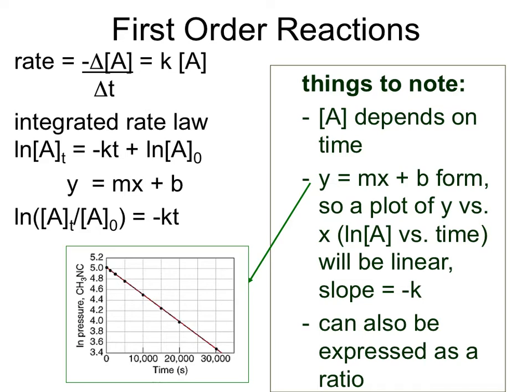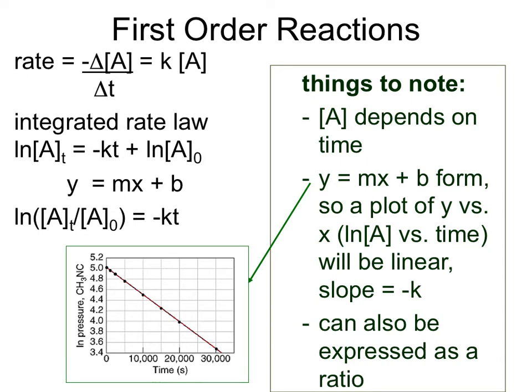Okay, if we look at this generic first order integrated rate law with respect to the y equals mx plus b equation, we can glean some information about the reaction type from graphing the natural log of the concentration of our substance versus time.